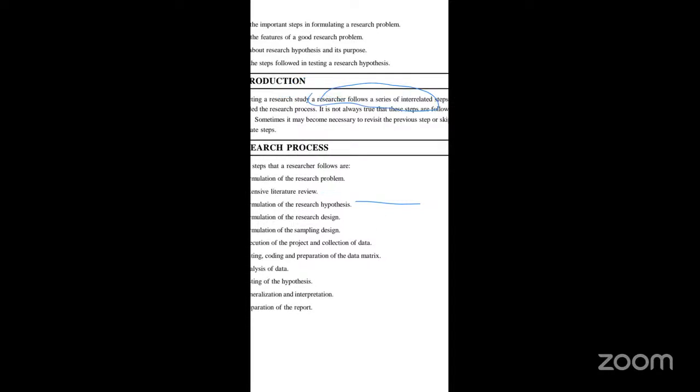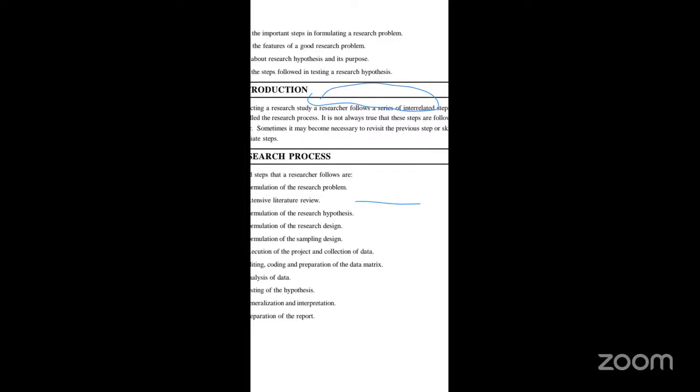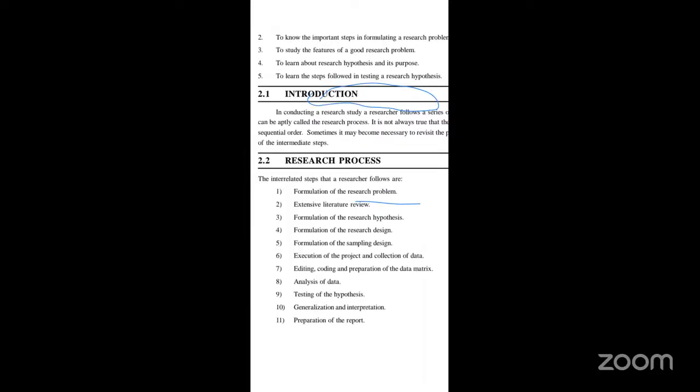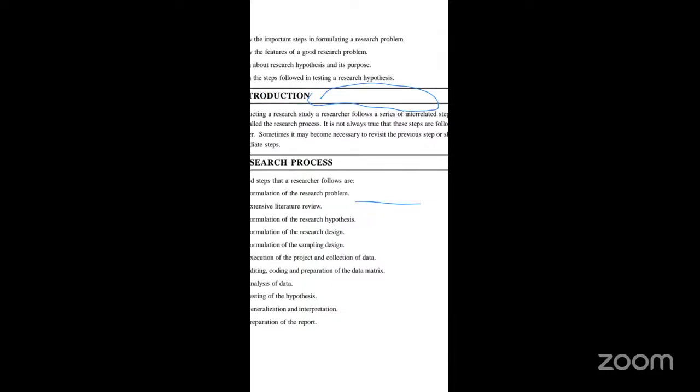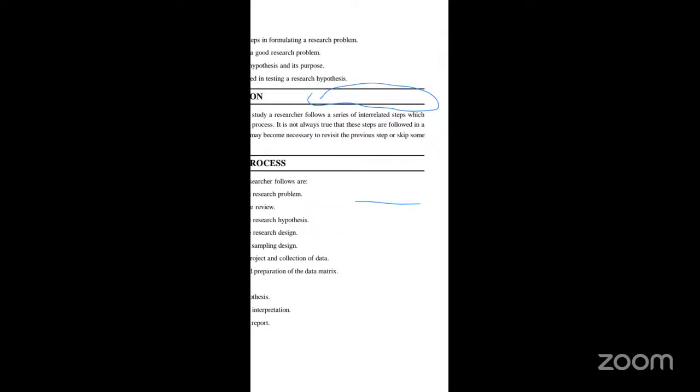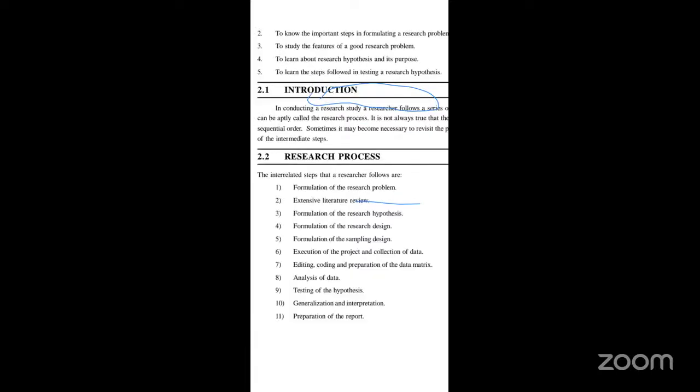It is not always true that these steps are followed in a sequential order. Sometimes it may become necessary to review the previous step or skip some of the intermediate steps.